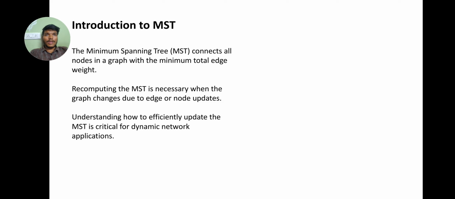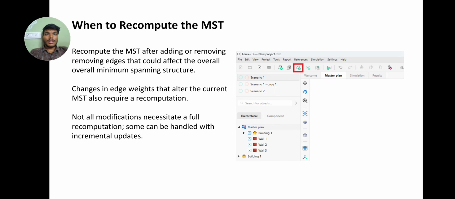This is the introduction about MST. The next slide is when to recompute the MST. Recompute the MST after adding or removing edges, and that could affect the overall minimum spanning structure.